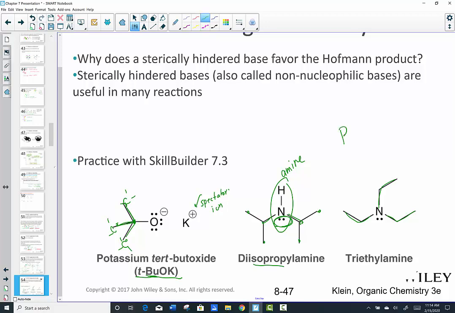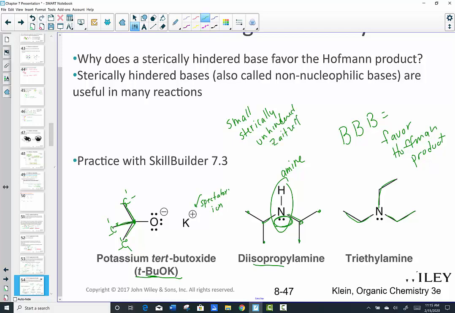When you're using these big bulky bases, they favor the Hofmann product. And the Hofmann product is the least substituted. When I mean small, say sterically small, sterically unhindered, you're going to favor the Zaitsev product, which is the most substituted product.